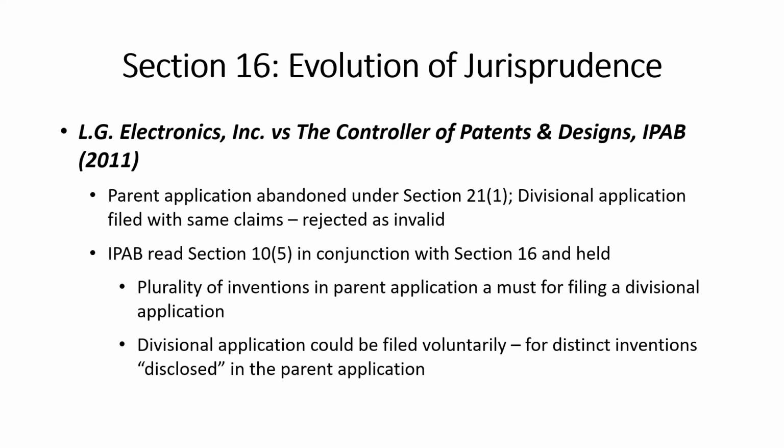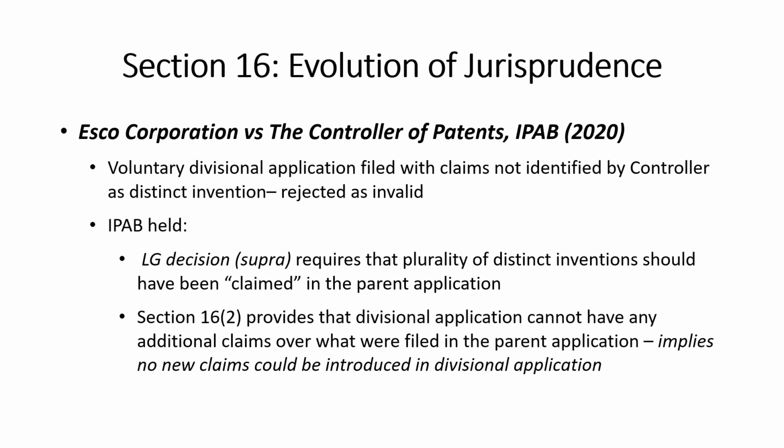This remained the legal position until 2020, when the IPAB further restricted it in ESCO Corporation versus the Controller of Patents. Here, the applicant filed voluntary divisional applications with claims that were not identified by the controller as distinct inventions.